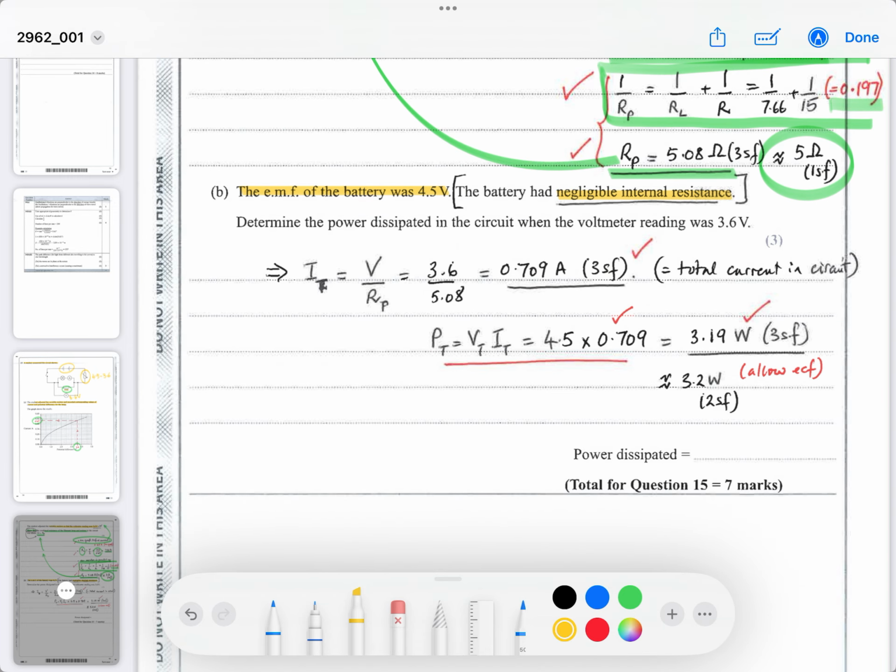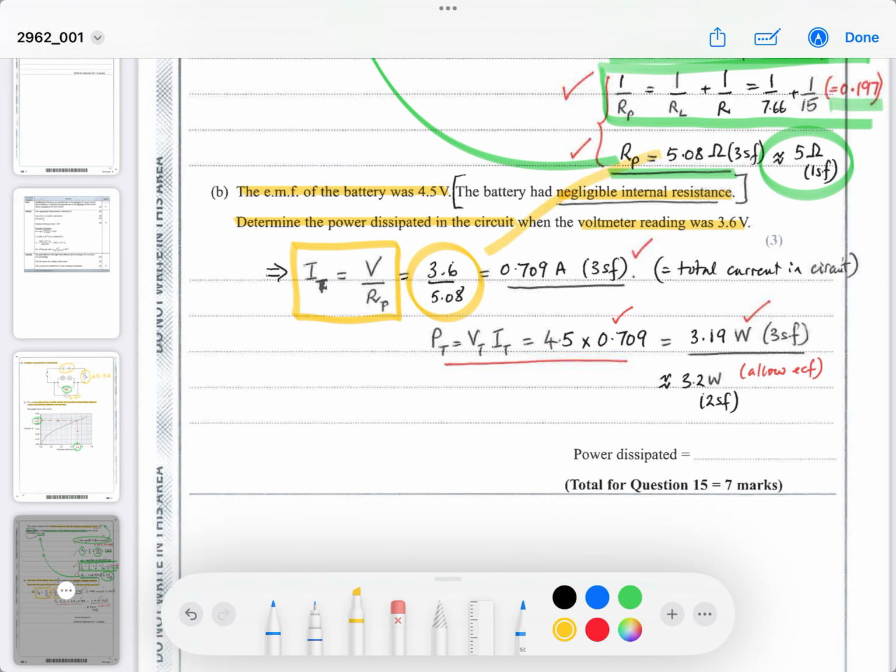So you know that the voltmeter reading was 3.6 volts. They want you to determine the power dissipated in the whole circuit. So we've got to use the 4.5 volt part, and we need to know the total current. Well, the total current is the current that goes through the variable resistor, because the total current will be equal to the voltage across the parallel section divided by the resistance of the parallel section, which we worked out was 5.08.